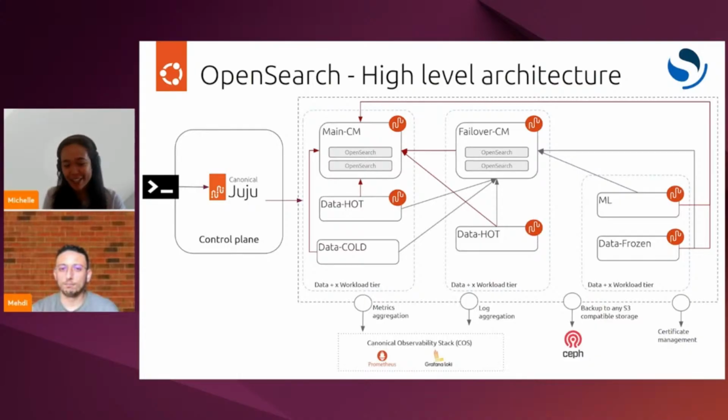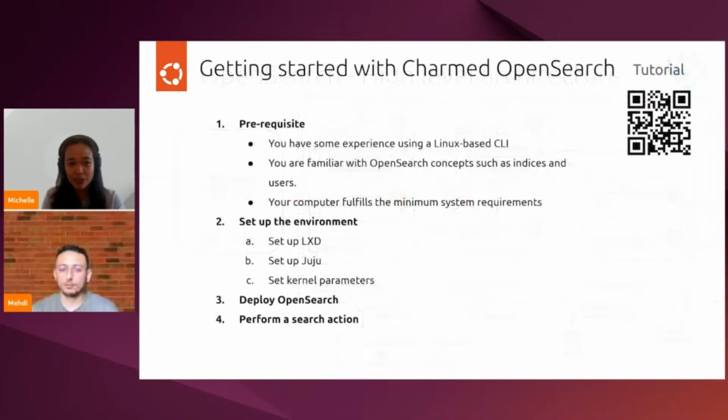That's the reason why we wanted to show how to finally get started with Charmed OpenSearch and get the full benefit of all the automations and features it gives you to simplify the way you handle OpenSearch in production. There are a lot of prerequisites, and I encourage you to scan the tutorial.